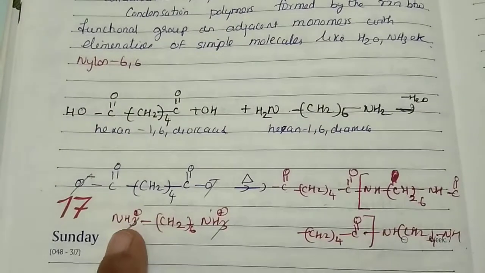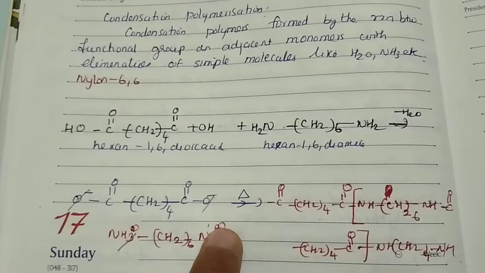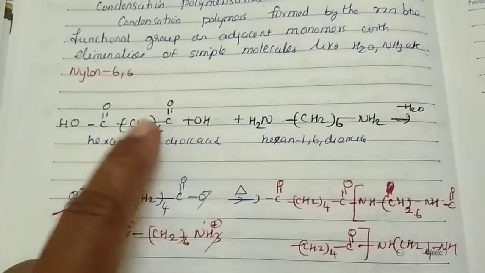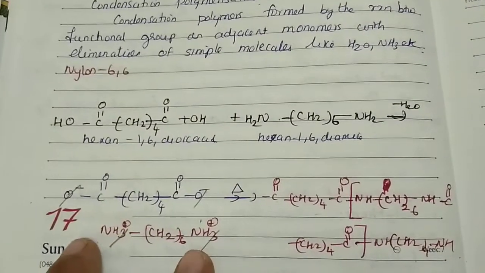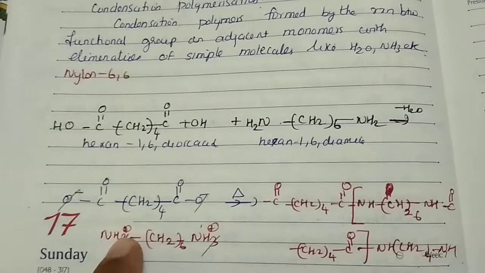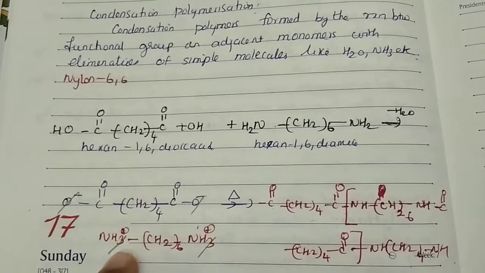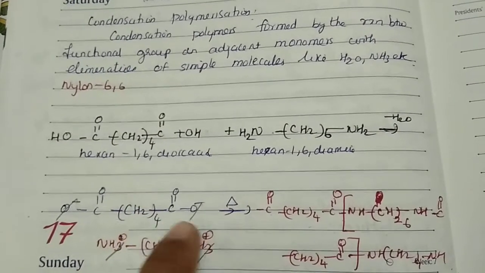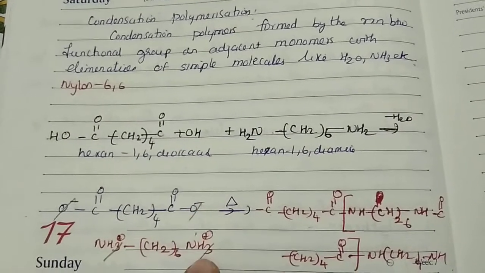We are getting NH3+, (CH2)6, NH3+. So here we are getting O-, C double bond O, (CH2)4, CO. Then here removal of water takes place, from this 2 hydrogen and 1 O. So remaining balance NH. So the structure will be CH2, and here also removal of 2 H, 1 oxygen. So remaining balance NH.